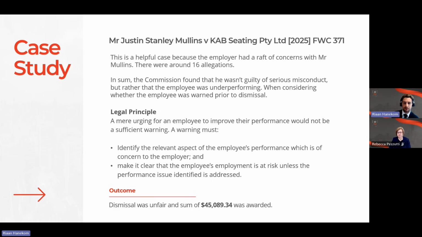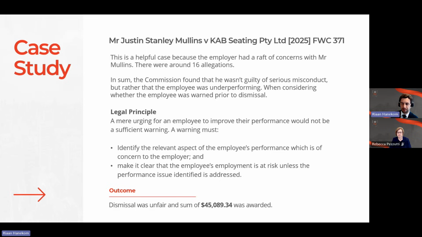But in essence, simply telling the employee your performance needs to improve, you need to pull up your socks, that's not enough. The warning must identify which aspect of the performance is of concern, also make it clear that the employment is at risk if the performance issue isn't addressed. If you don't do that, you haven't met your obligations as an employer.